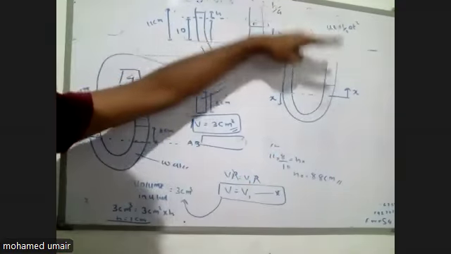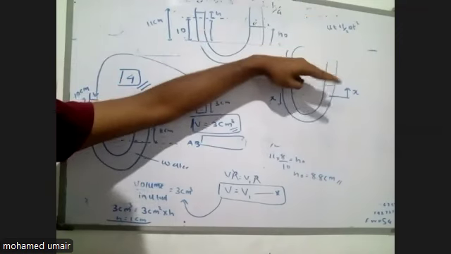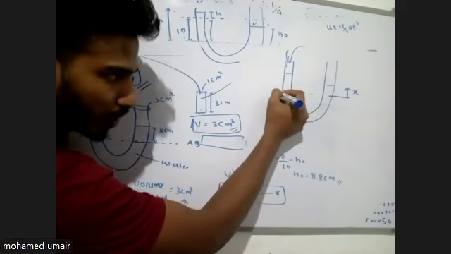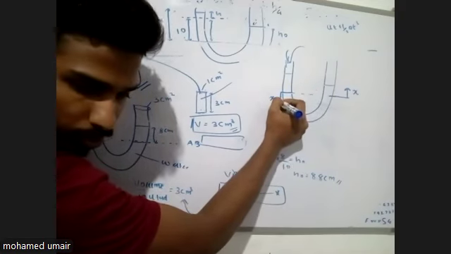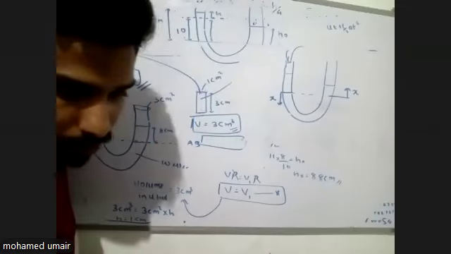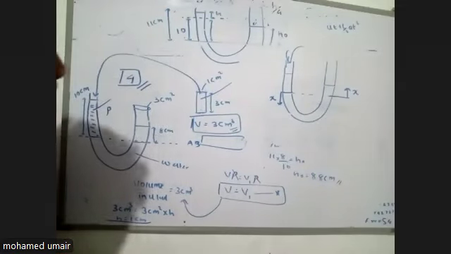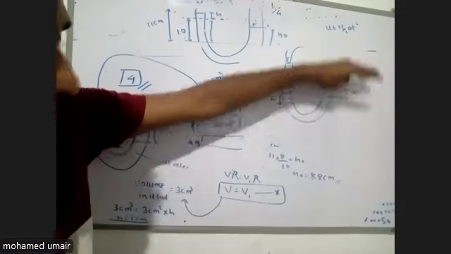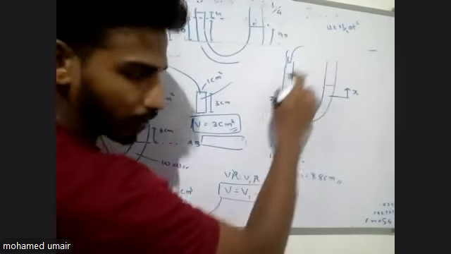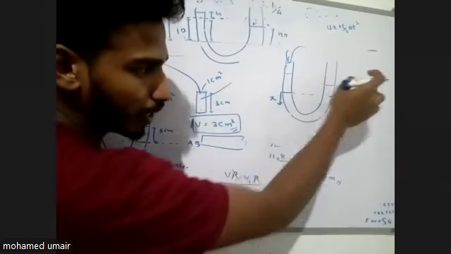Whatever volume is subjected here, this common interface will move down, causing this common interface to move up. Only if the cross-sectional areas are the same will the same height be displaced.